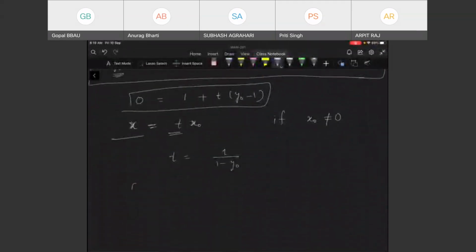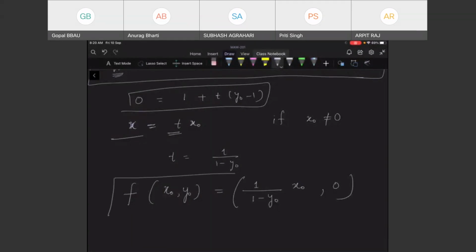I am writing that map: f of (x0, y0) is 1 over (1 minus y0) times x0, comma 0. This is the map. Is there any doubt?